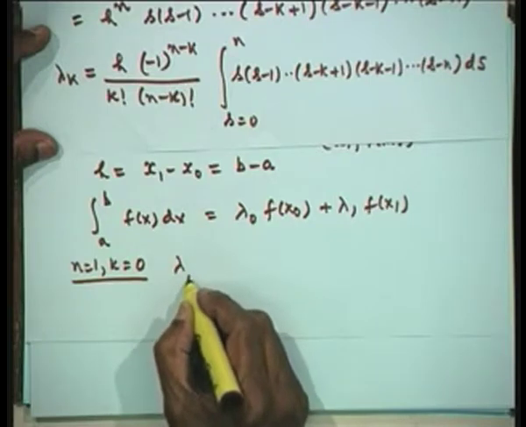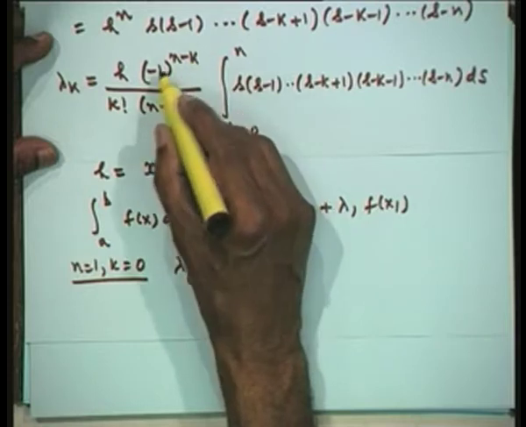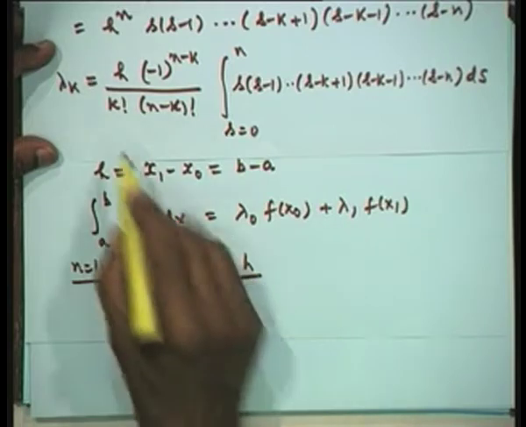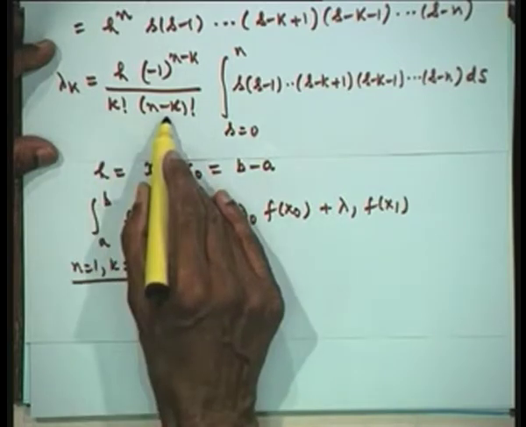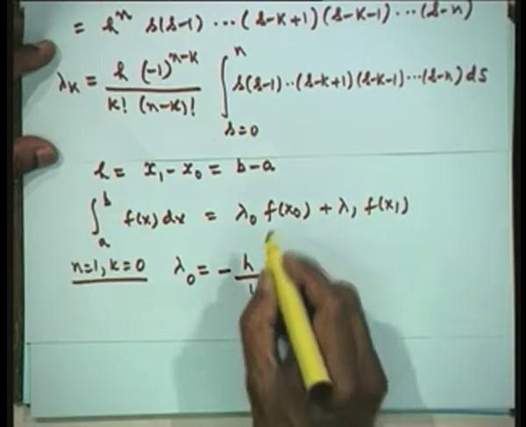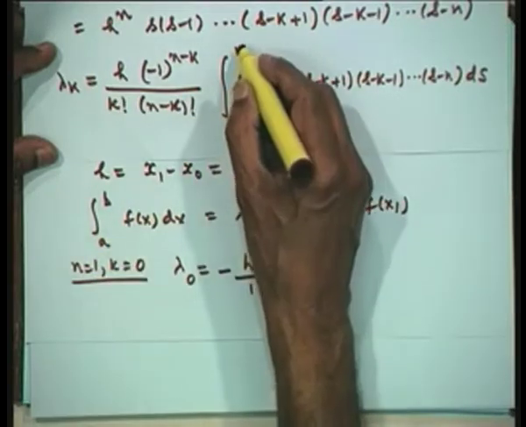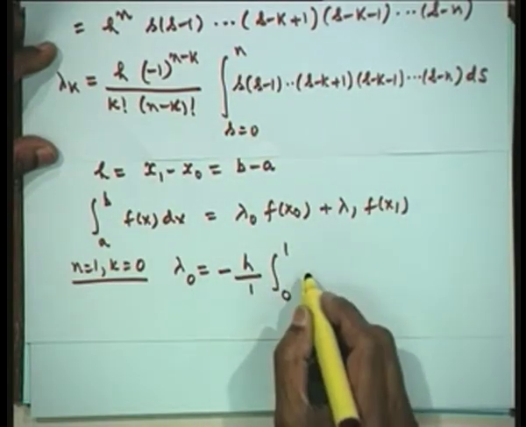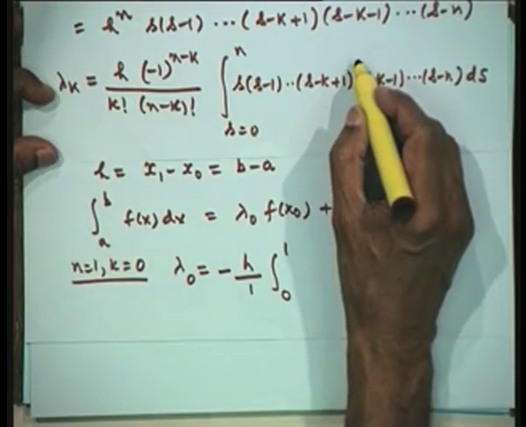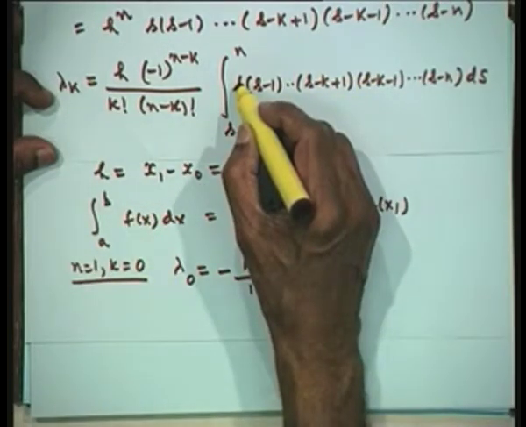Therefore, we will get lambda_0 is equal to, n is 1, k is 0, so I will have a minus sign, minus h, this is factorial 0, factorial 1. So, I will have denominator simply as 1, integral of 0 to 1, there only n is equal to 1, 0 to 1, and the numerator should not contain the x minus x_0 term, that means I should not have s in the integrand.